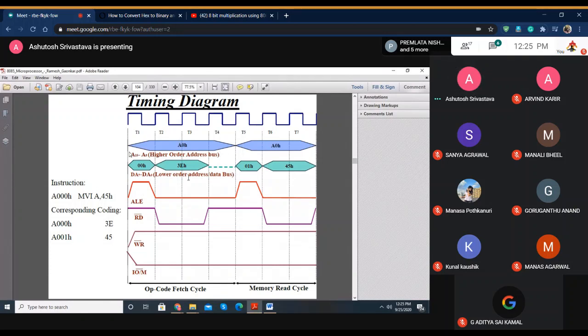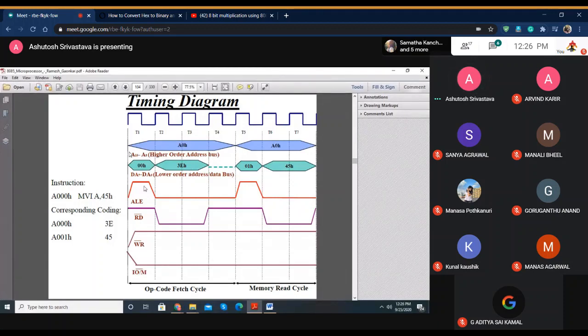either the data, this from T0 to T4, it is talking in terms of the first T1 would be for your data or your lower order address bus, while from T0 to T3, it will be talking about the higher T state.